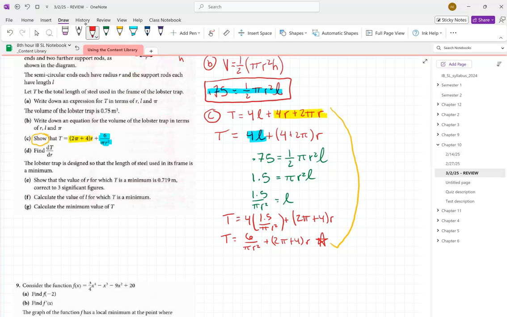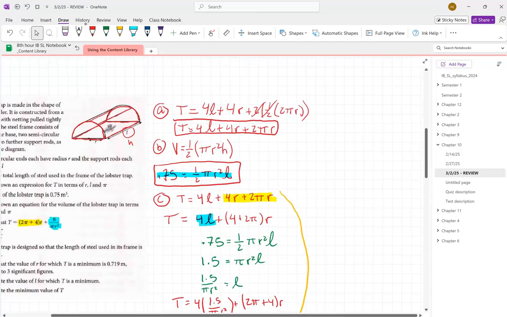Write down this equation, write down this equation, show that when you combine them together, you get this equation. Now in part D, it's going to say take the derivative of that equation we just gave you. So even if you can't do parts A, B, and C, can you do D? Of course, because you have the function for T, right?